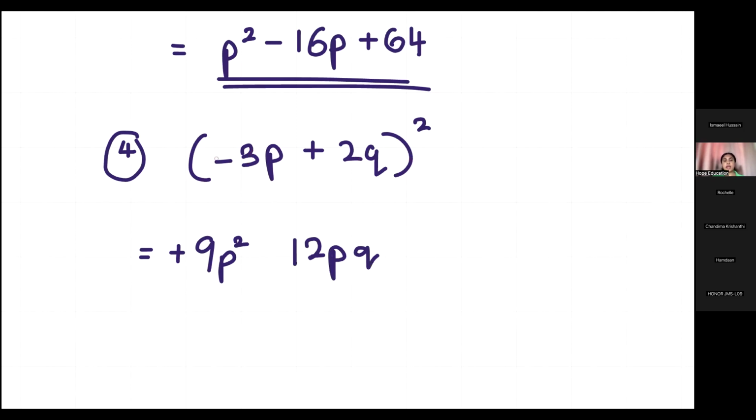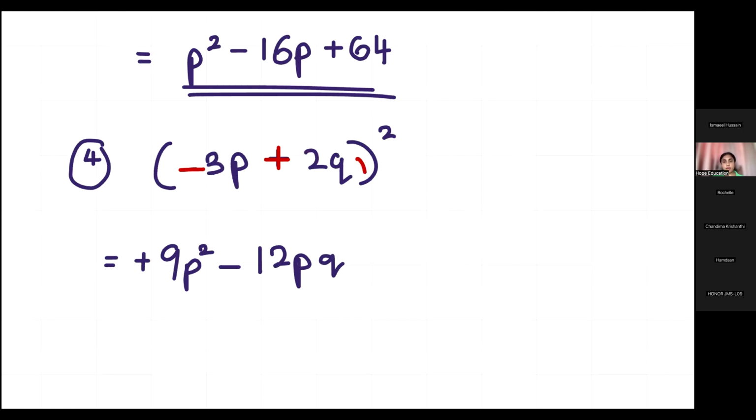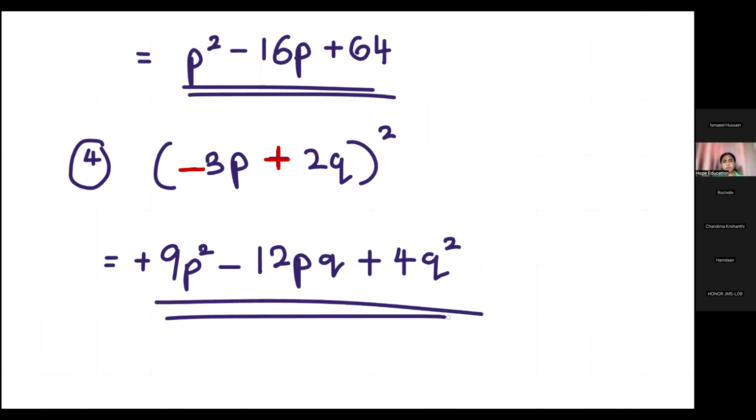Here minus times plus is minus. Minus times plus is still minus. So I put minus. Then the square of the second term. Second term is this. 2 times 2 is 4. Q times Q is Q squared. Plus times plus is plus. So this is the answer. Is it clear again? Thumbs up.